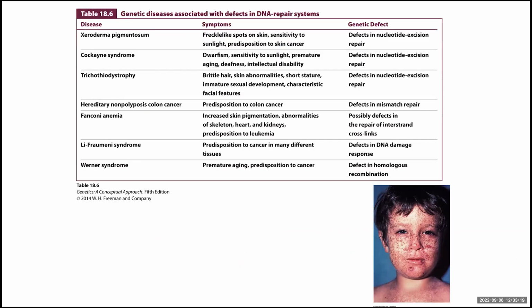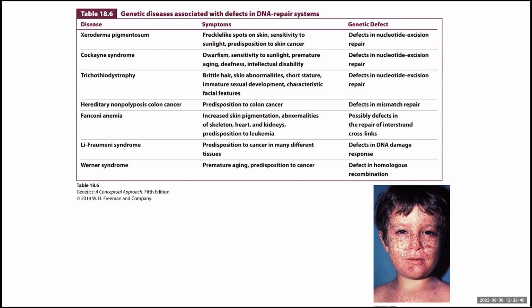There are multiple diseases associated specifically with DNA repair mechanism issues. Most of these have to do with being able to prevent yourself from getting cancer. So a lot of premature aging or premature cancer, young cancer inherited traits are coming from this. For example, xeroderma pigmentosum results in the production of lots and lots of freckles.